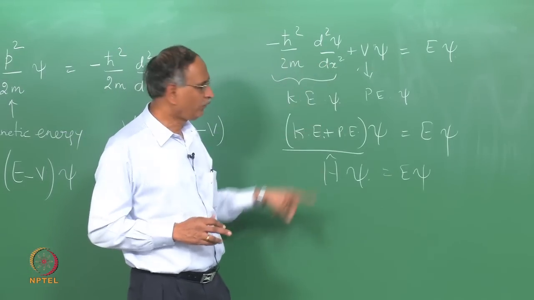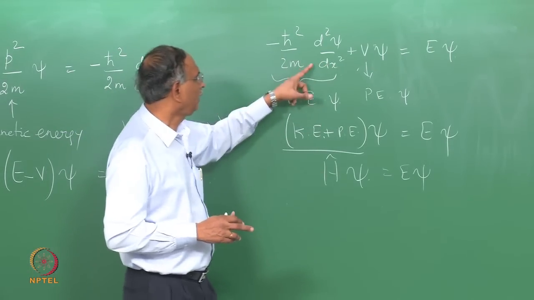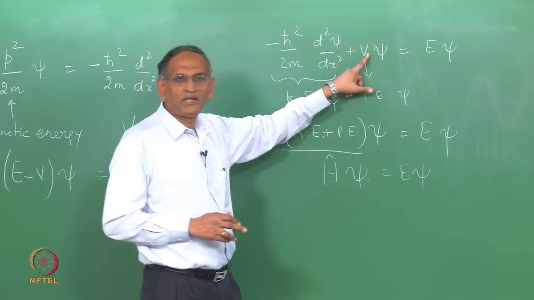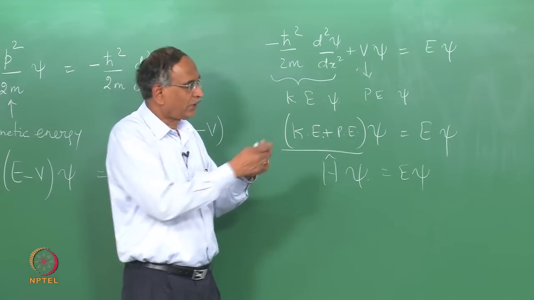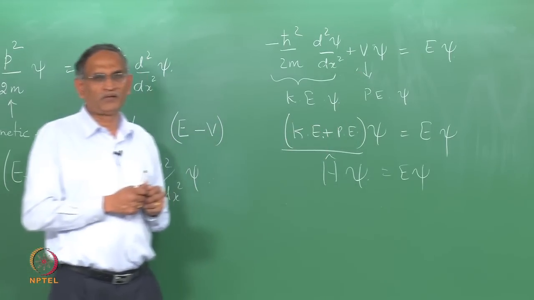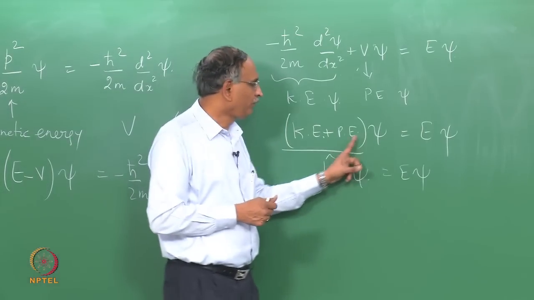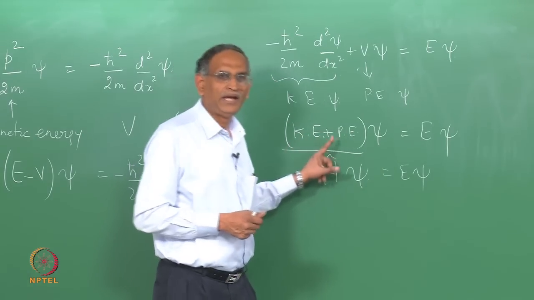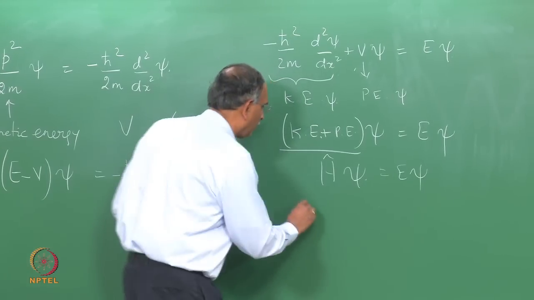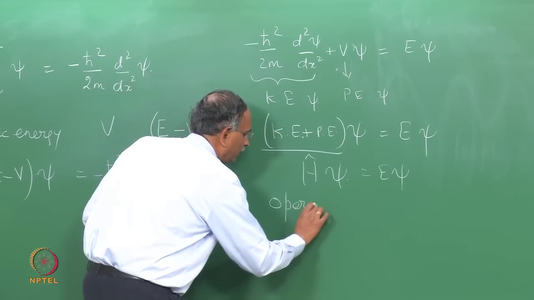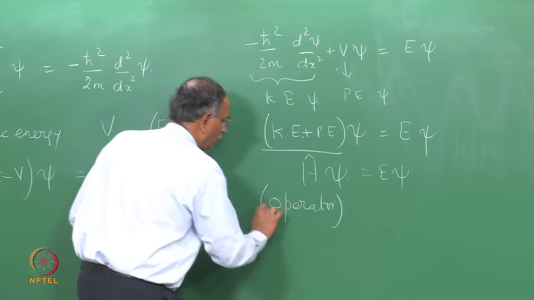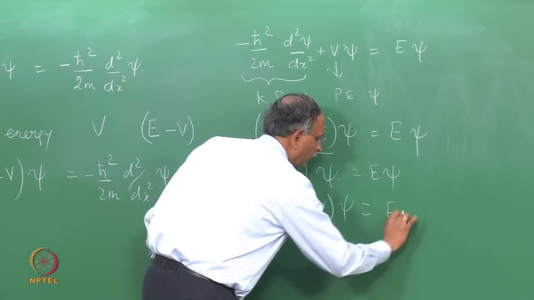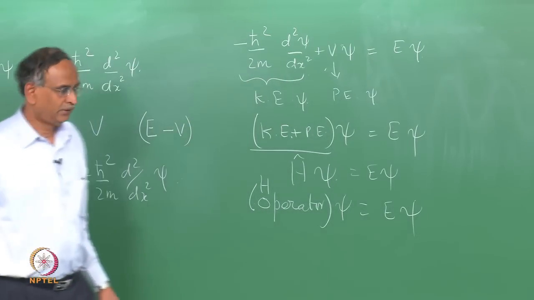Now we have put the derivative here, and therefore the Hamiltonian is a derivative acting on the wave function. And the potential, which is of course a function of the position of whatever particle or system that you talk about, generally multiplies the wave function, but the two together is actually an operator acting on psi. The Hamiltonian operator acting on psi giving you a constant times psi.